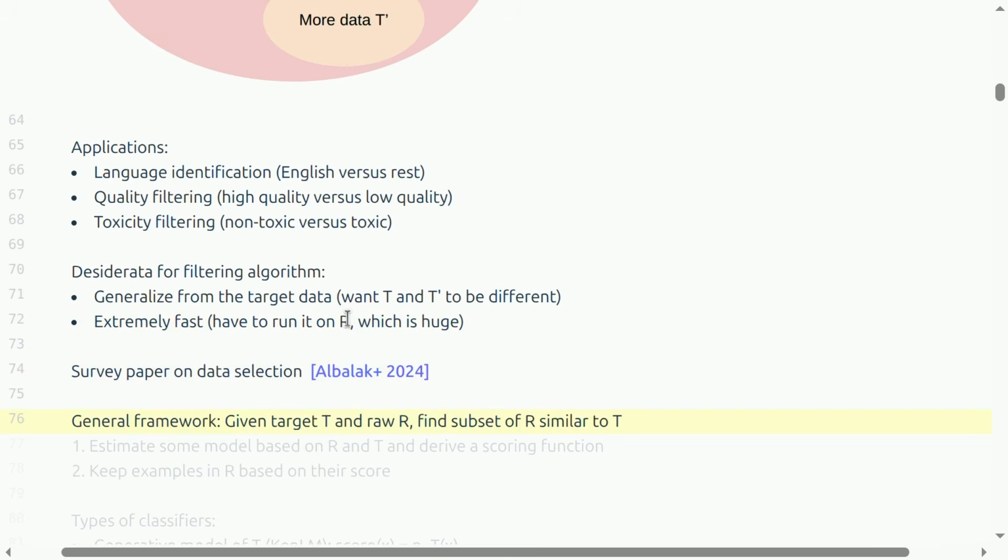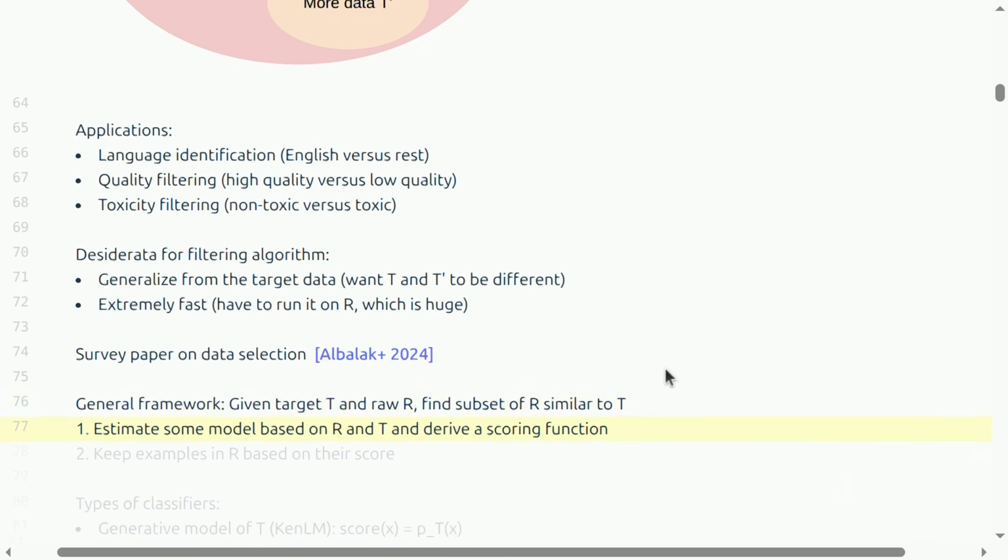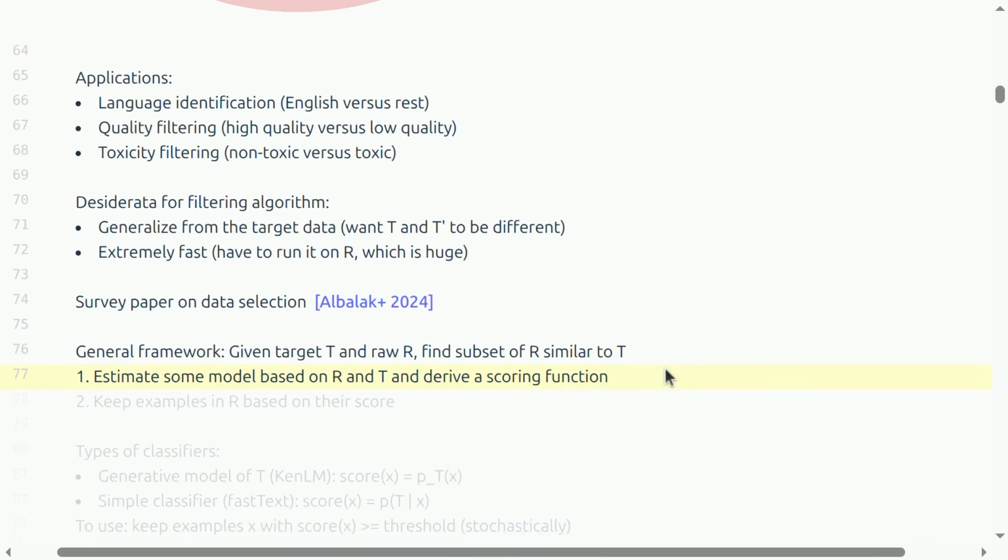Remember the general framework: given the target and raw, you're trying to find a subset. The general scheme is that you estimate some sort of model based on R and T and derive a scoring function, and then you keep the examples in R based on their score. Typically there are two types of classifiers.